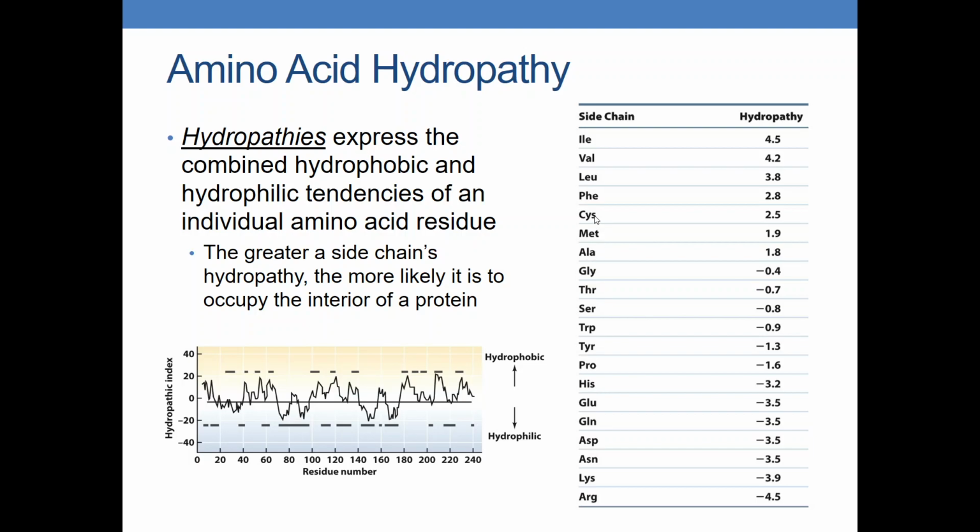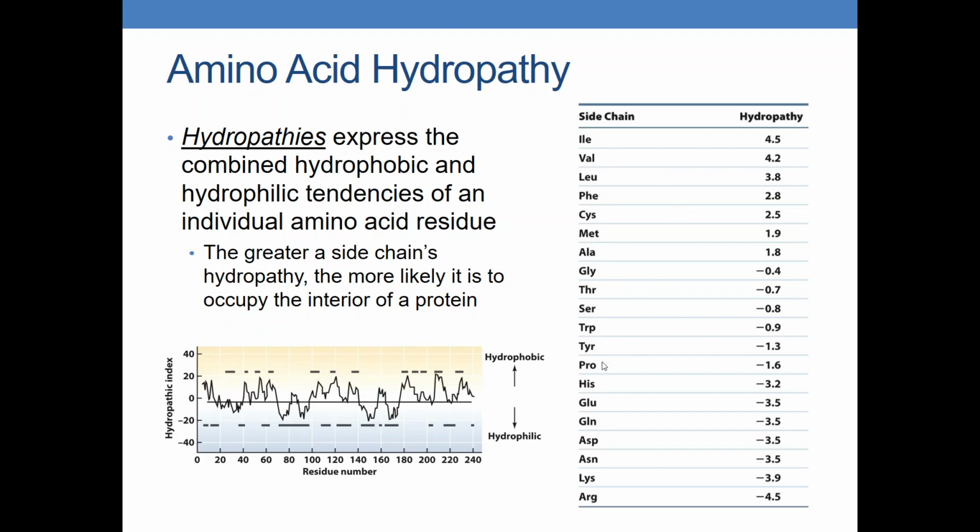Alanine, methionine, cysteine, phenylalanine, leucine, valine, isoleucine. These are all amino acids that we would consider to some extent be nonpolar. Cysteine is kind of the wild card here. It's not terribly polar, but it is classified as a polar amino acid because under some circumstances it can form hydrogen bonds. But overall, based on hydropathy, it's pretty nonpolar.